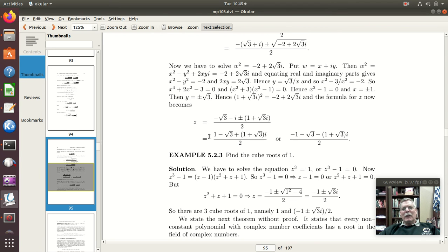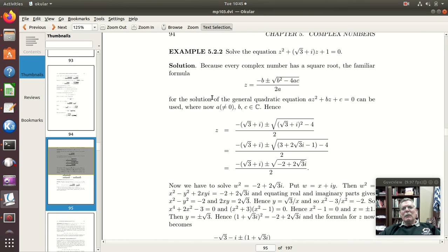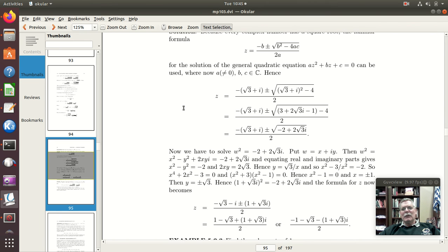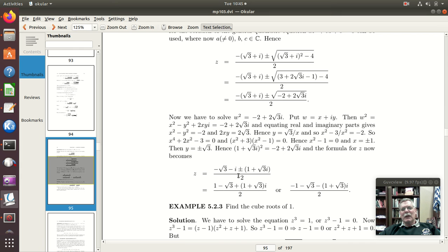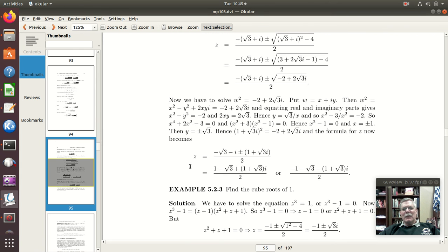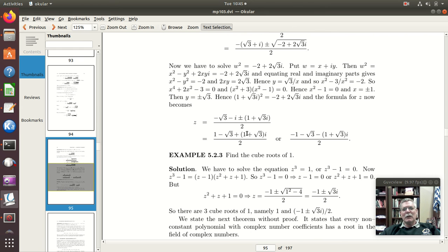Now, a way to check that is we could take their number and put it into the original equation and see what we get. Okay, I am not going to take the time to do that, but that is what I would do, and I may do it outside of the video, but you can do that.